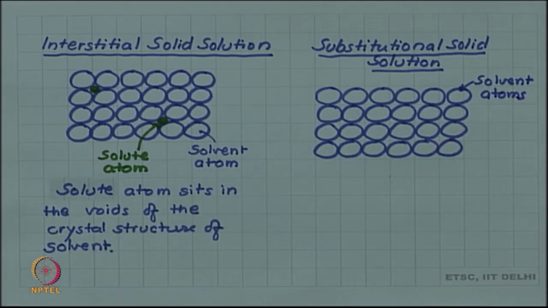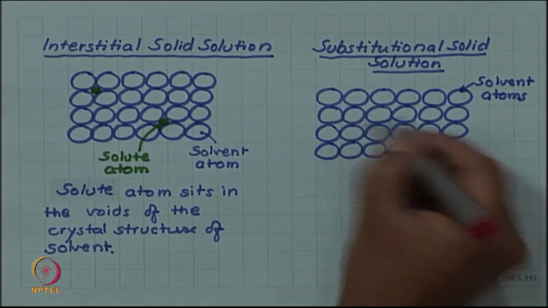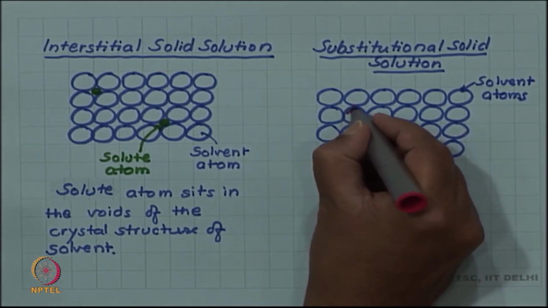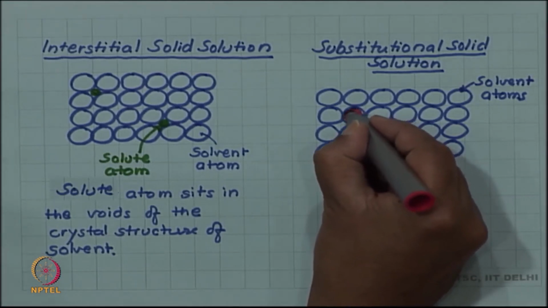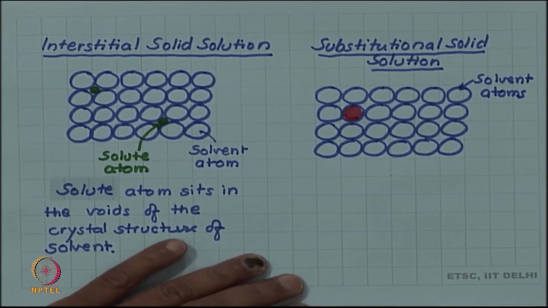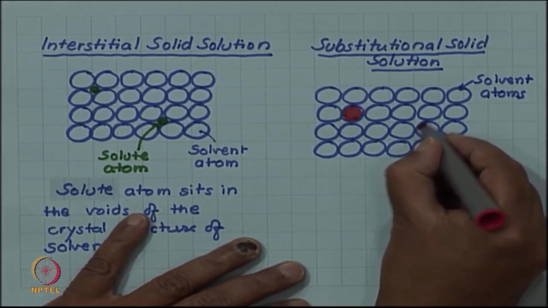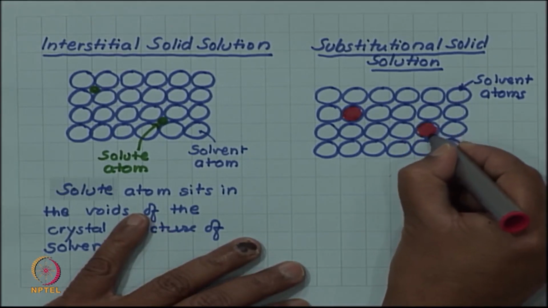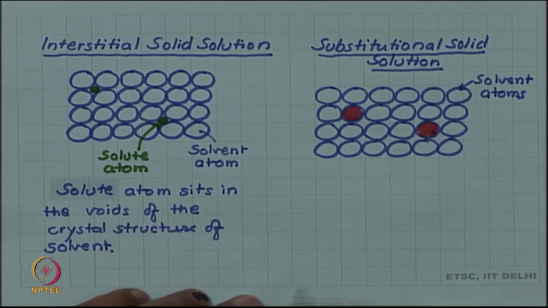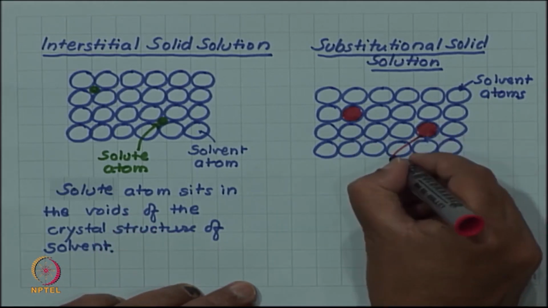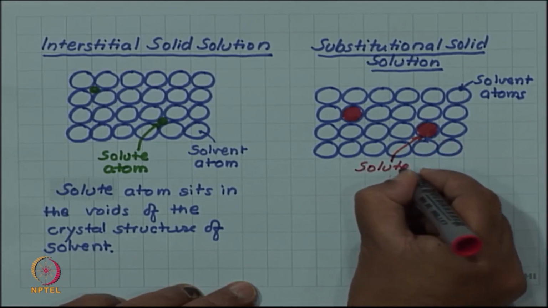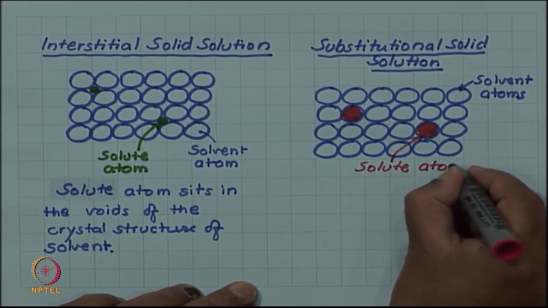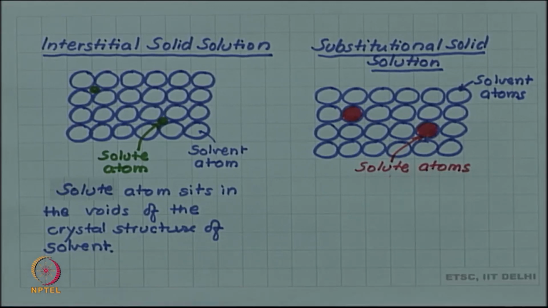And as I do the alloying process, some of the atoms of solvent are replaced or substituted by the solute atom. So, let me replace this by a red solute atom, another red solute atom. So, these are solute atoms.